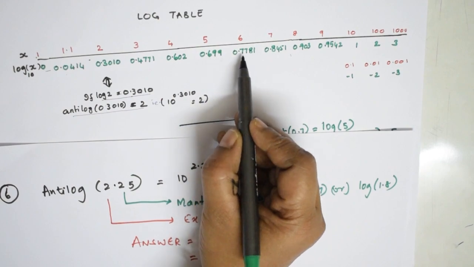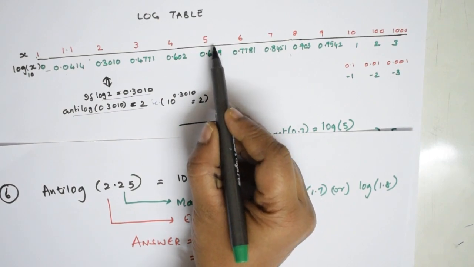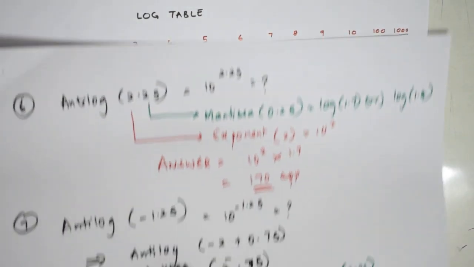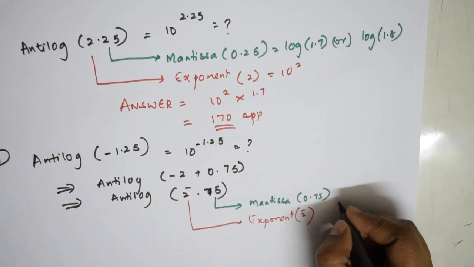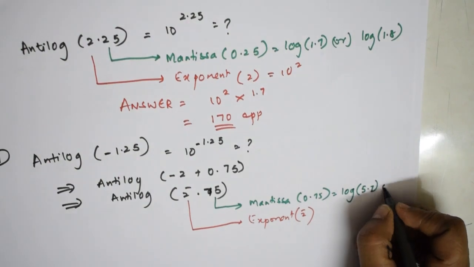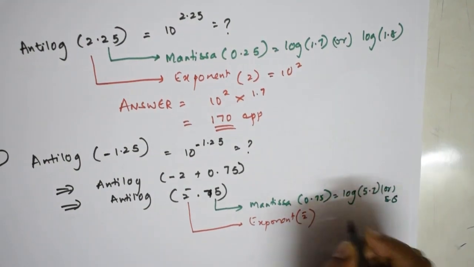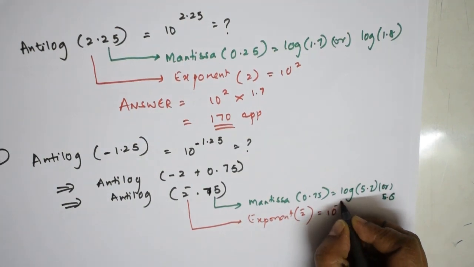See here, now this is 7. It should come before this 0.75. So I can write the value as 5.7 approximately. So I'll take the mantissa value as 5.7 or 5.8, you can take the nearer value. The exponent value, 2 bar, is nothing but 10 raised to the power of minus 2.